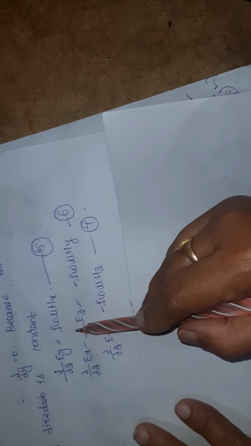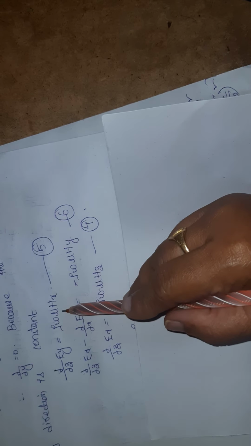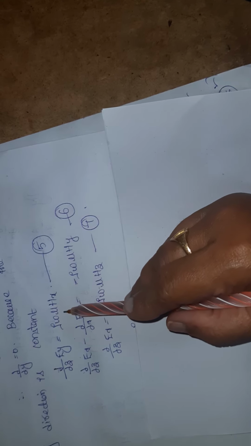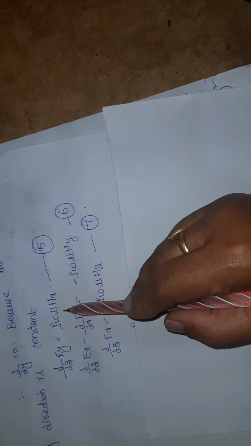Dou by dou Z of Ey is equal to j omega mu Hx.